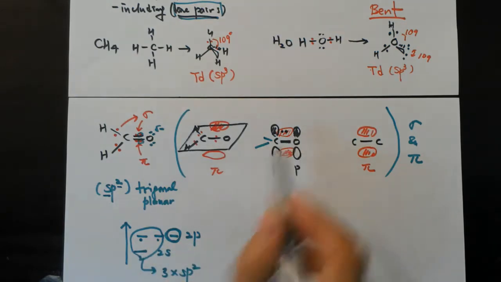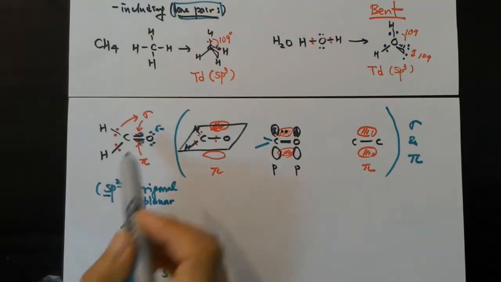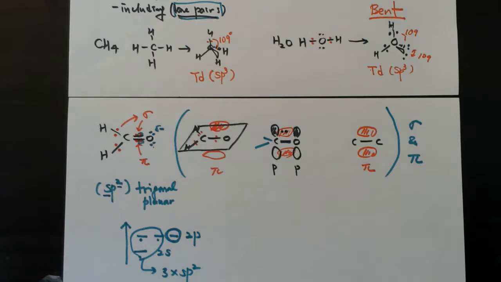Then oxygen is the same. Oxygen has the second shell as a valence shell, the 2s and the 2 p's, and you have only 1 sigma and 2 lone pairs, so you need 3 of them. So you mix them up, that's s and the 2 p's, so sp2.